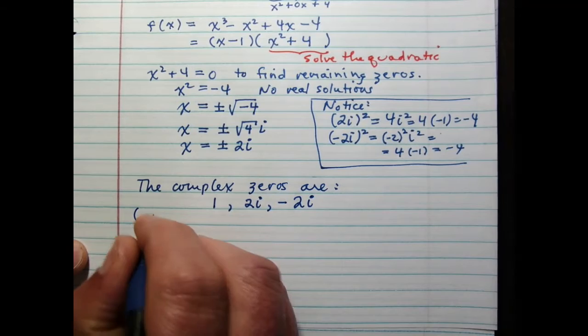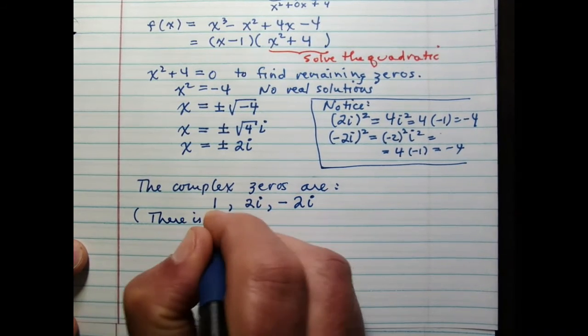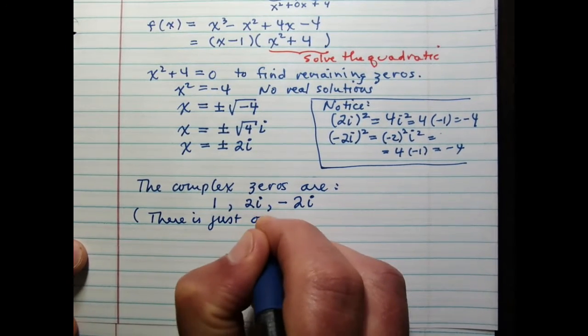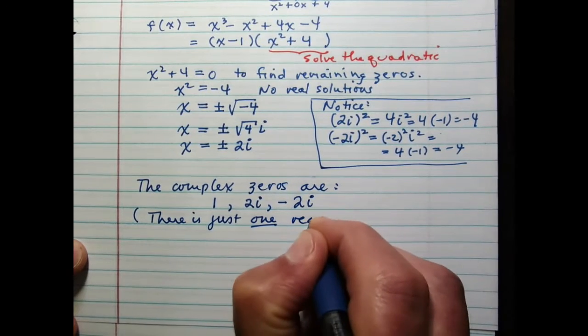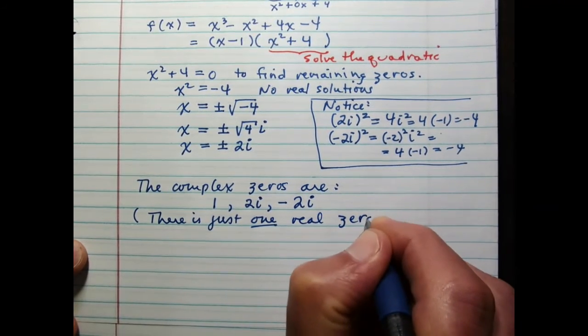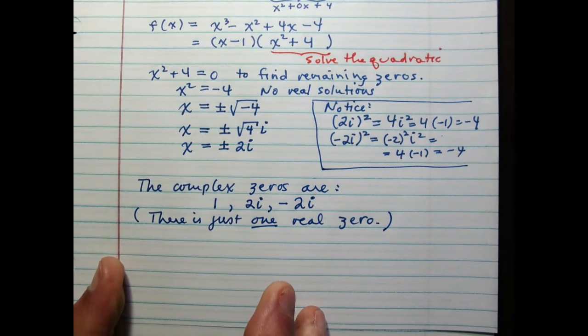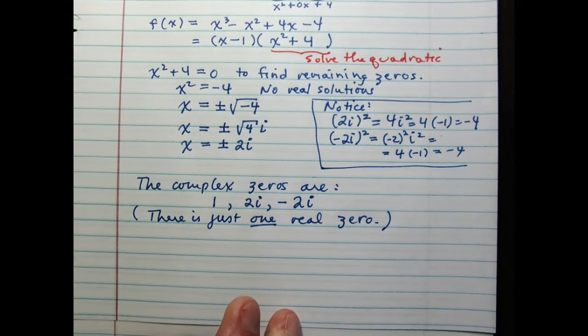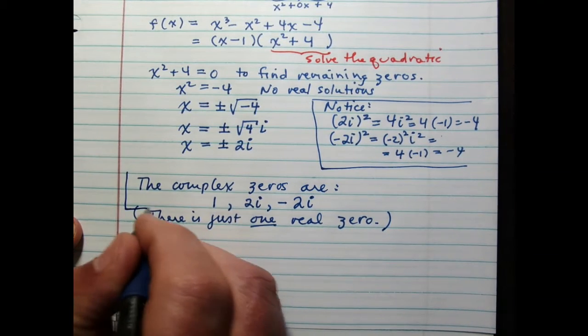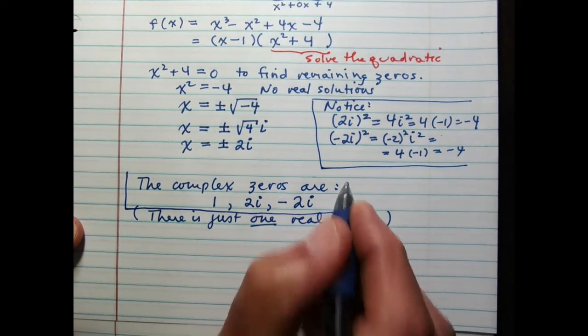So just notice there is just one real zero. Two of those zeros are imaginary numbers. And that's the answer to the question.